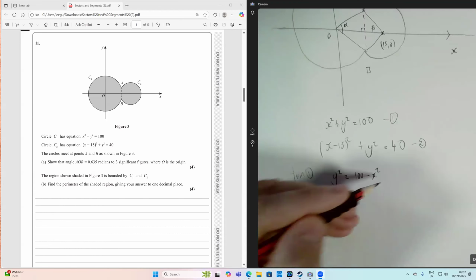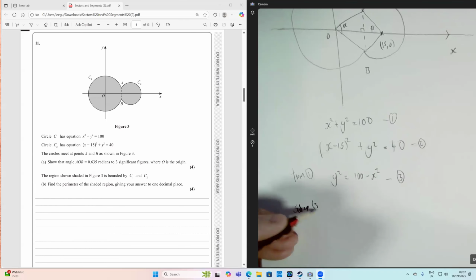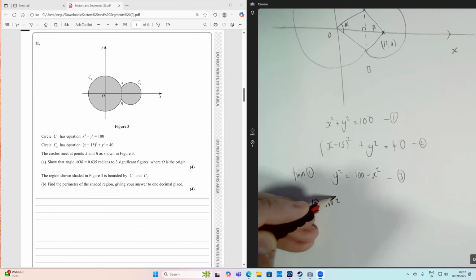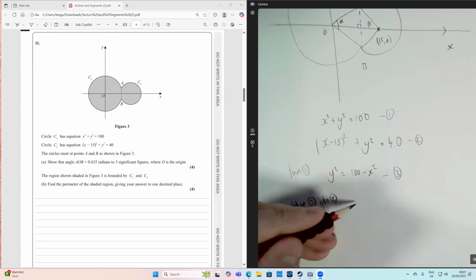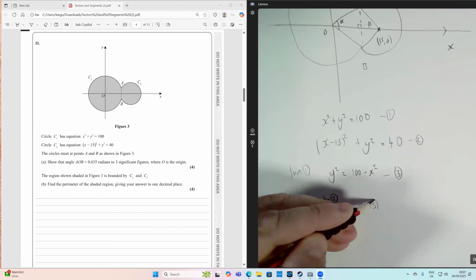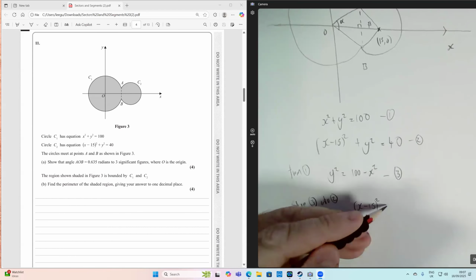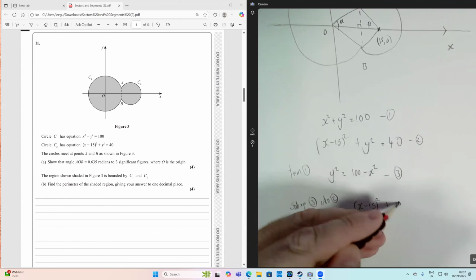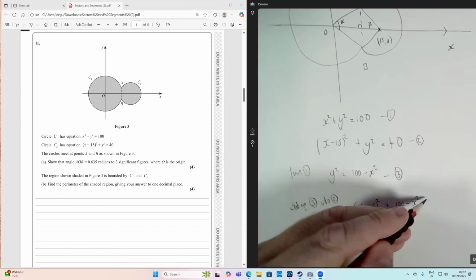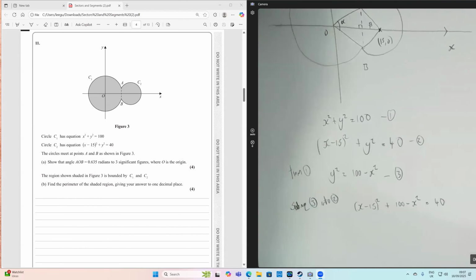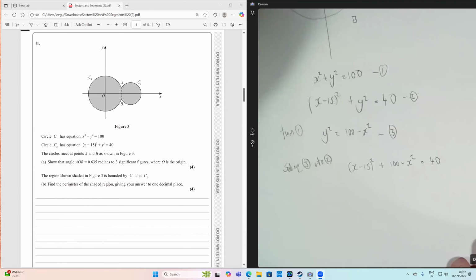I'll call that 3, and we're going to sub 3 into 2. So we're now going to sub this equation into this equation. So we've got x minus 15 all squared plus our y squared, which is 100 minus x squared, is equal to 40, like so.